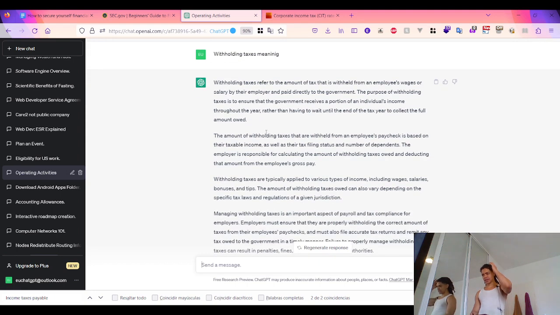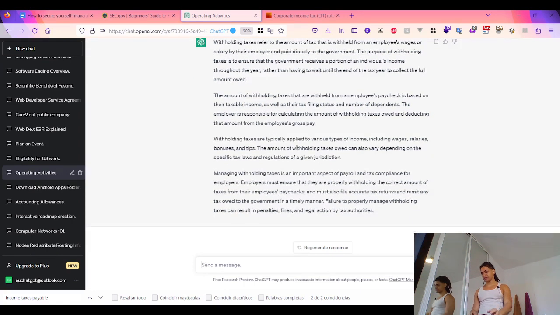The amount withheld from an employee's paycheck is based on their taxable income, as well as their tax filing status and number of dependents. The employer is responsible for calculating the amount owed and deducting it from the employee's gross pay. Withholding taxes are typically applied to various types of income, including wages, salaries, bonuses, and tips.